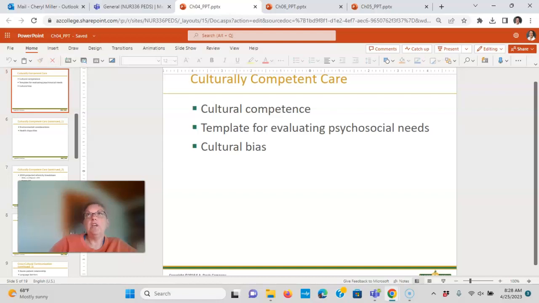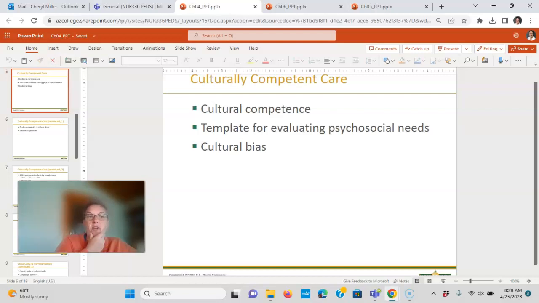So some best practices for communication, kind of like in the last chapter. Don't interrupt when conversing with the client. Let them have their say, even if it takes a longer time to get their thoughts together. Think about the gender of the care provider.